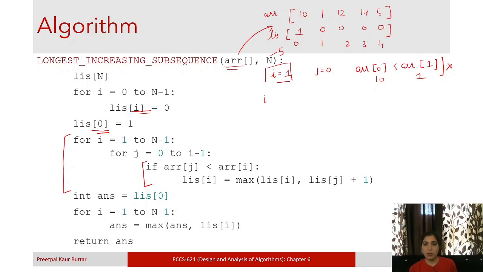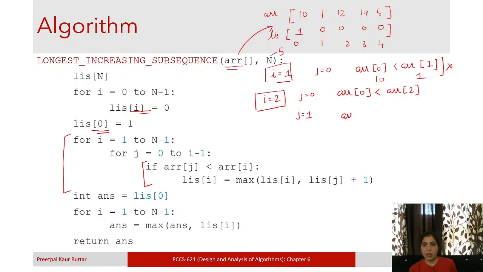So now we will move to the next iteration of I. Now I is 2. When I is 2, j can vary from 0 to 1. Again we are comparing the values. When j is 0, array at 0 should be less than array at 2.